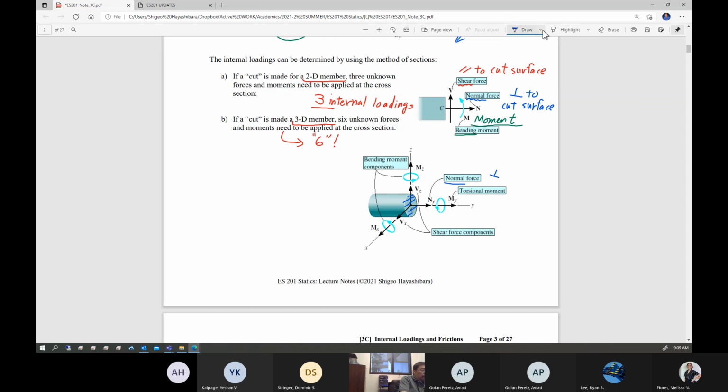And you have two different types of forces, BZ and BX. Those are essentially in the direction parallel to the surface. It's called the shear force.